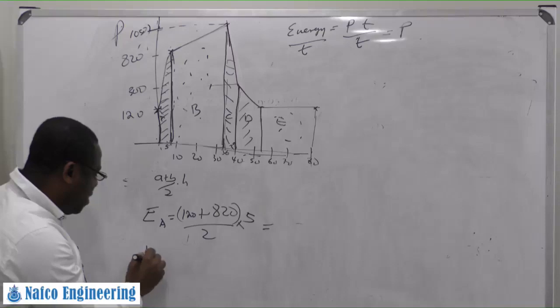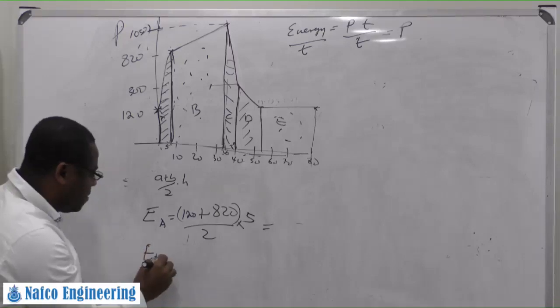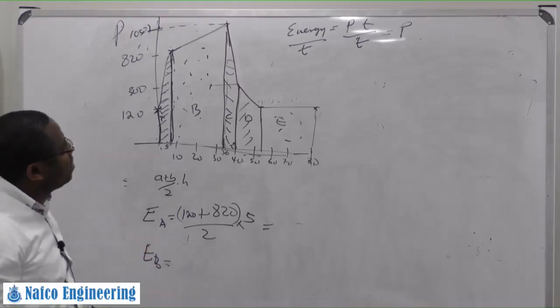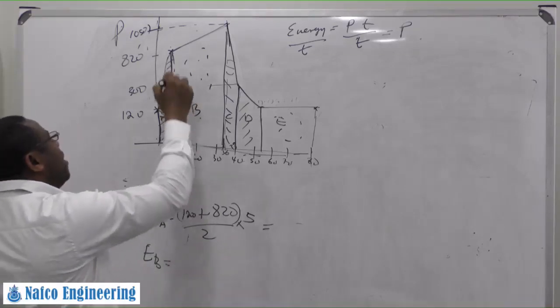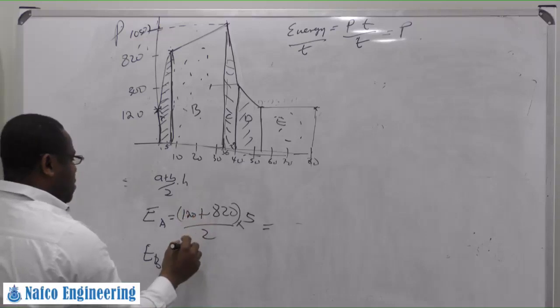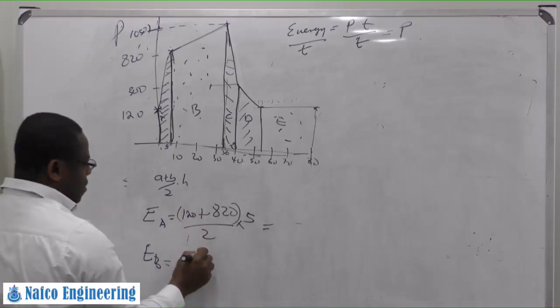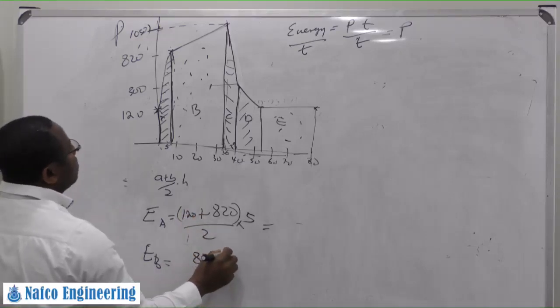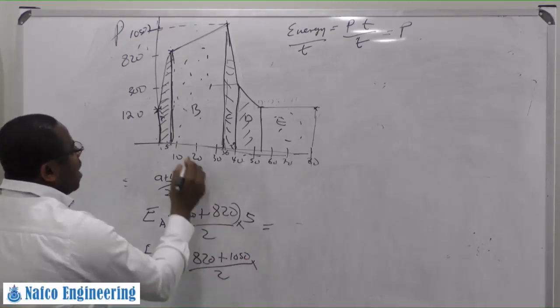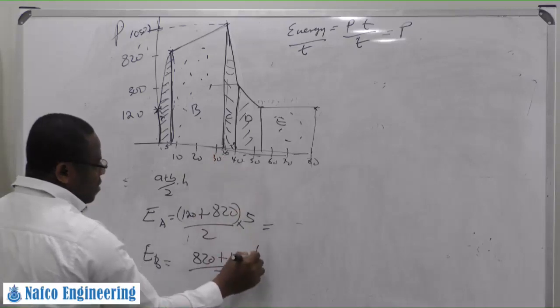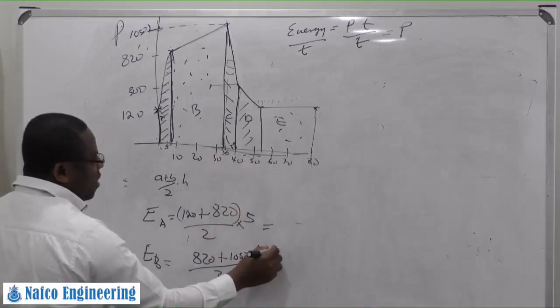We do the same thing for energy at B. This is the sum of the adjacent sides, which is 820 plus 1050 divided by 2 times from here to here, 36 minus 5.